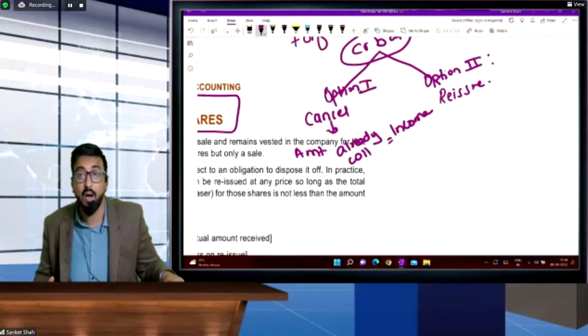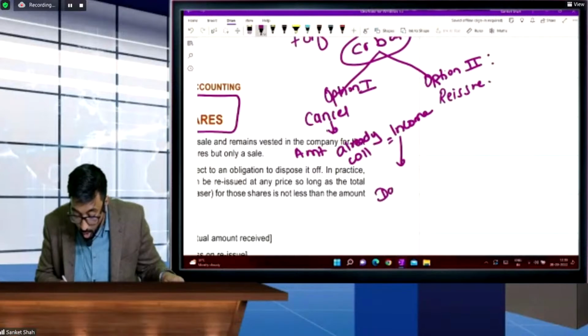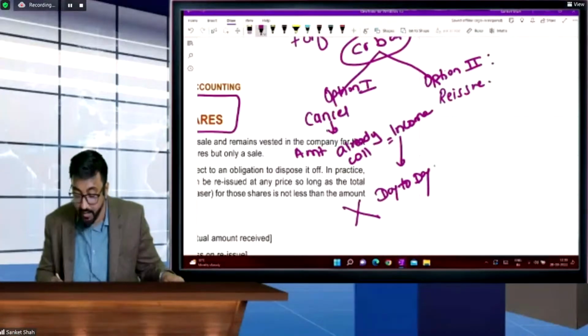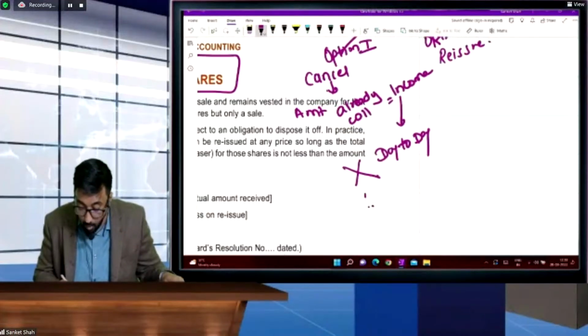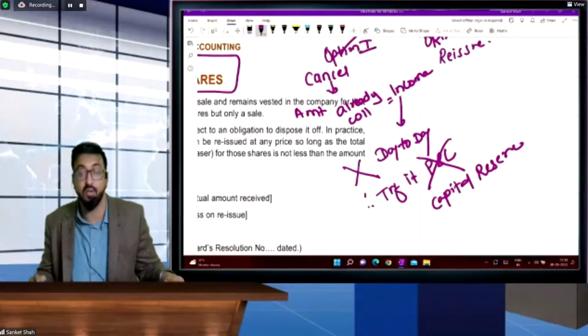So that amount is your income. And that income is not your day-to-day income. Therefore, transfer it not to profit and loss account, but to capital reserve.